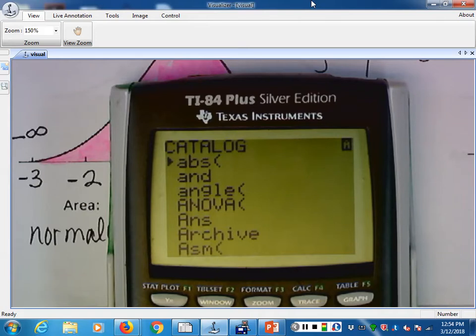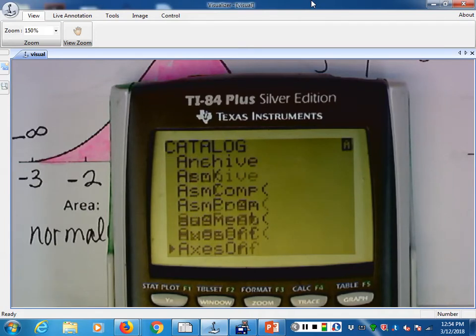So if we hit the down arrow key, if there's an infinity symbol on here, we should see it.